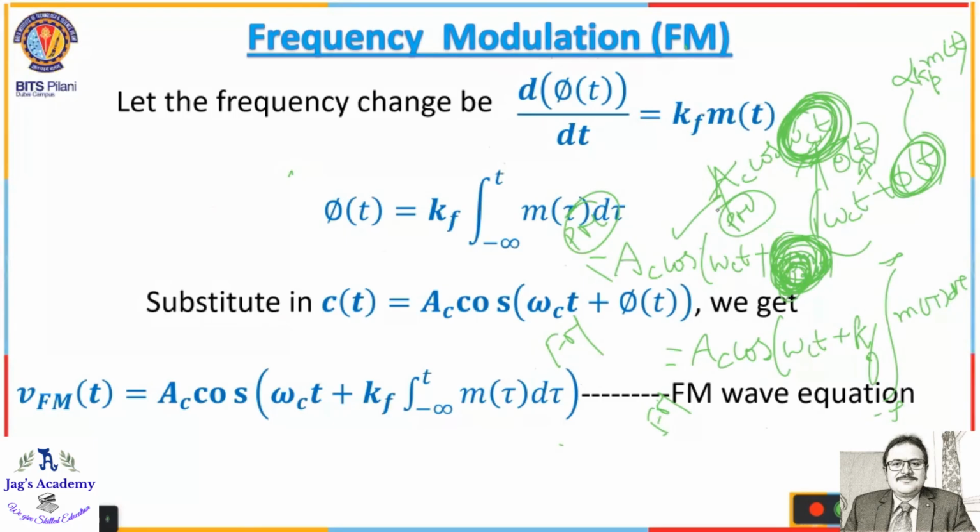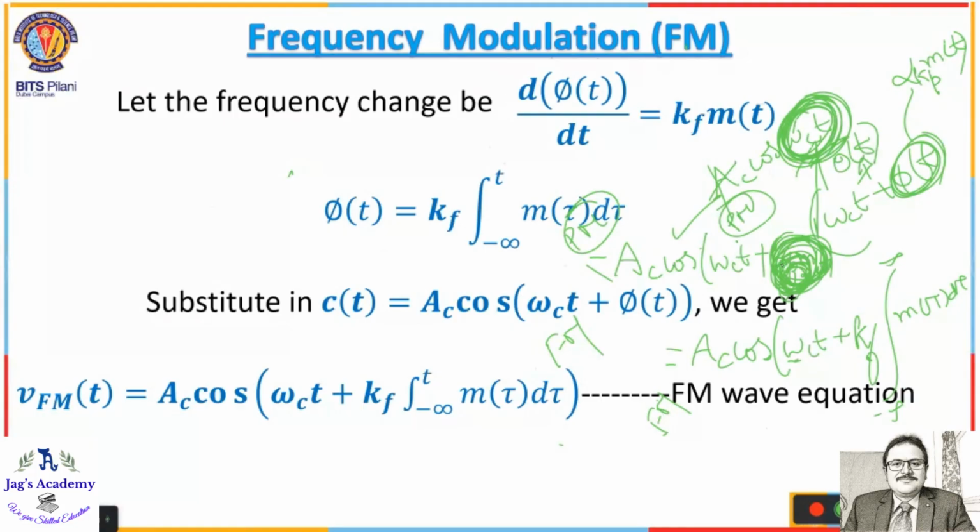Now, if I give this, can you get this? You can, integrate. If you give this, can you get this? What do you do? Differentiate. Have you understood now? Mathematically, have you understood? That is the relation between frequency modulation and phase modulation.